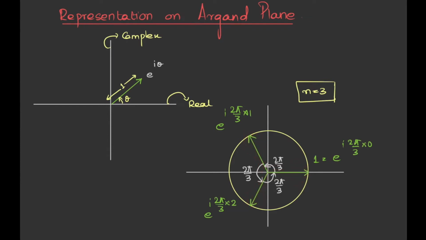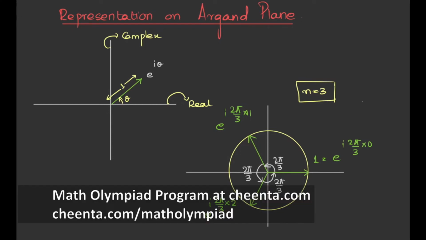Now, each of these vectors are of the form e to the power i 2 pi by 3 times k. Now, this vector is equal to 1 for k equals 0. As you can see, 1 is just e to the power i 2 pi by 3 times 0.